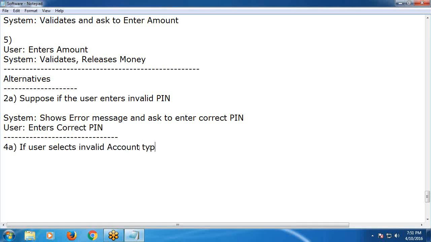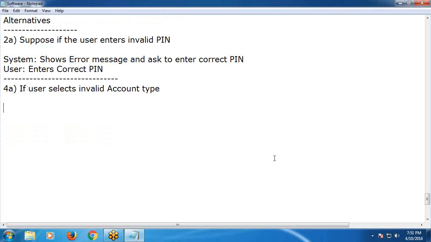See, already I told this navigation varies from one bank to another. I'm taking one bank example. Navigations may vary. If user selects invalid account type, then system should send a message that it's invalid.